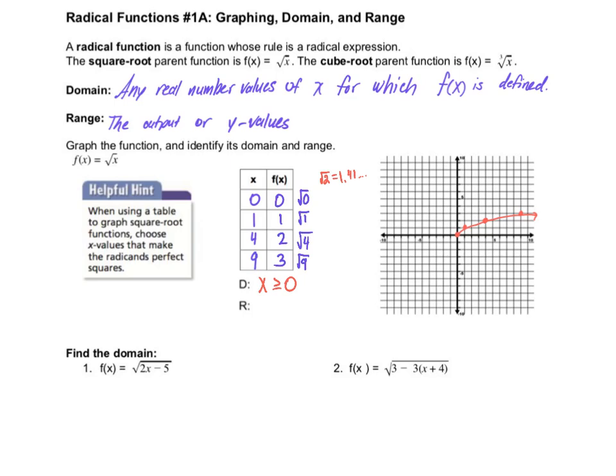A positive times a positive is a positive, and a negative times a negative is a positive. There's no way to get a number times itself to equal a negative, because we would need a positive and a negative, and then we're not multiplying the same number together.